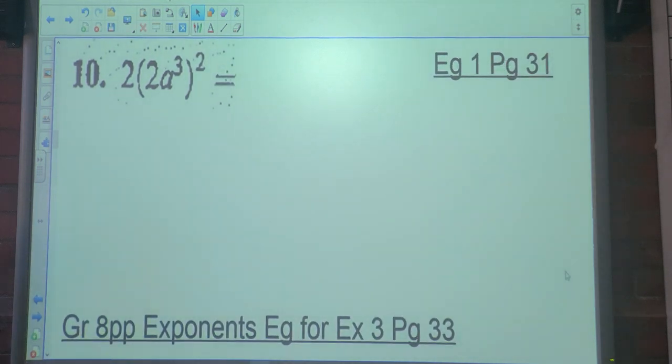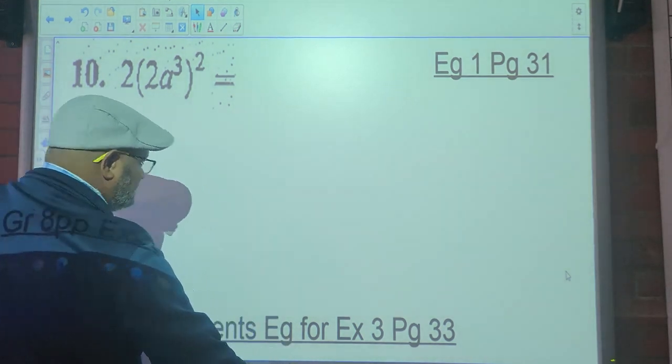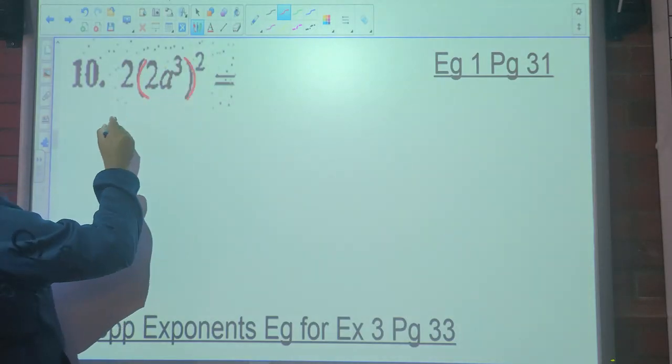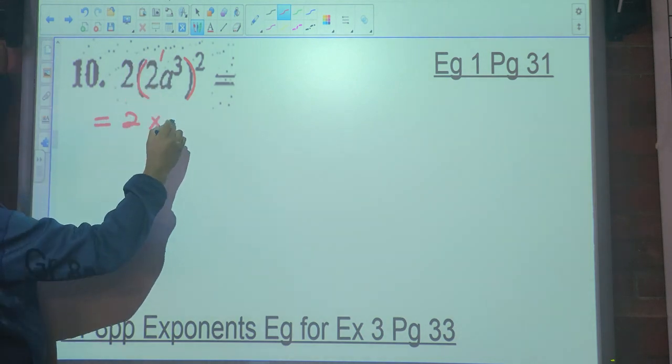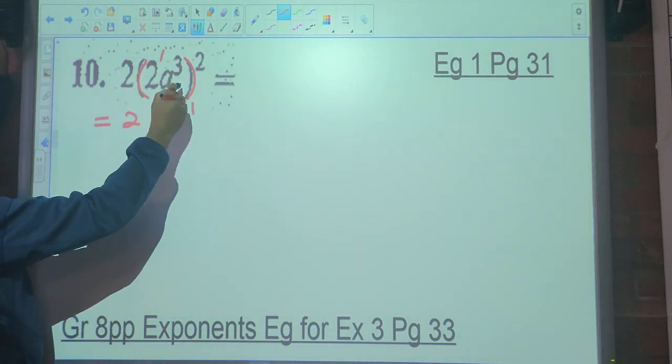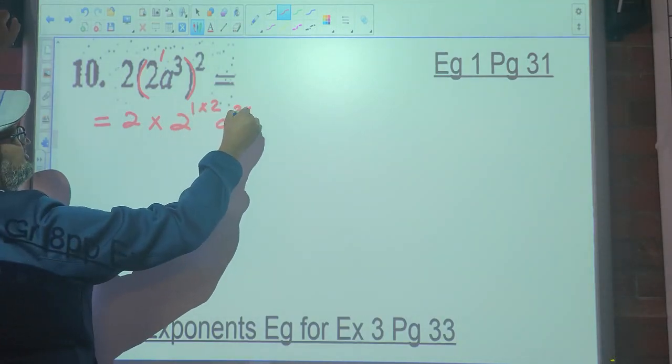Right. In number 10, we've got 2 open brackets: 2a cubed raised to the exponent 2. What must be done first? I must sort these brackets out. So let's do this one together. So this will be 2 multiplied by what? 2 to the exponent 1 times 2, a to the exponent 3 times 2.